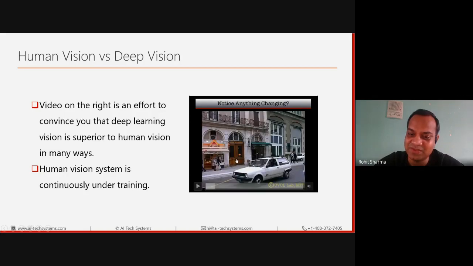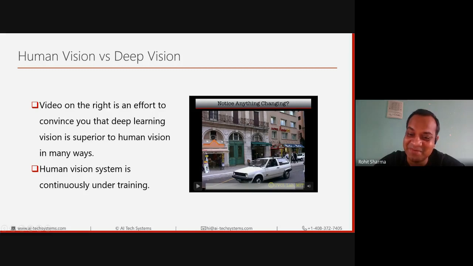The door color changed from reddish to greenish. Nobody noticed that. There was a person walking in front, and this whole shop changed from a bakery to something else.